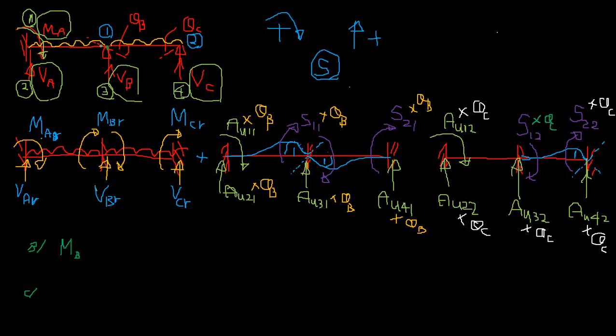But you know, sigma MB at B is 0, right? The total bending moment at a pin joint, or a roller, is 0, right? So this is a roller, right? Originally this was a roller. So that means MB, the total bending moment at B, the equilibrium bending moment, is 0.